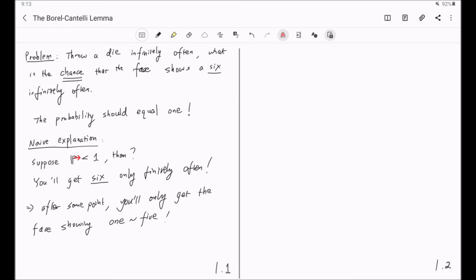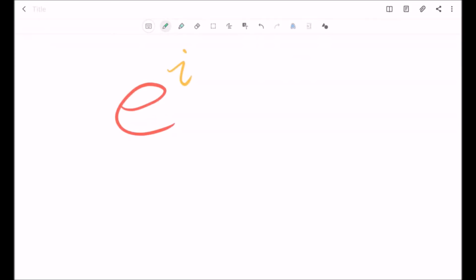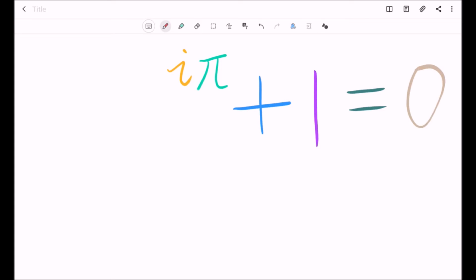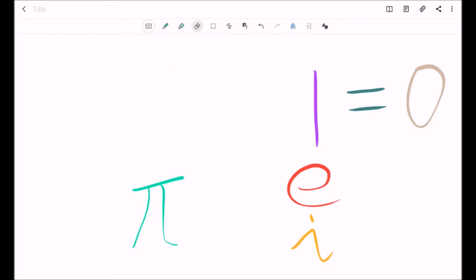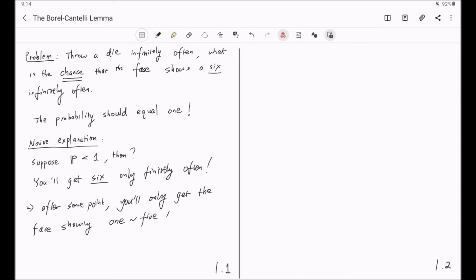But this explanation is not very rigorous. In order to make this problem rigorous, we need to introduce a very powerful theorem called the Borel Cantelli lemma. So let's get started. The Borel Cantelli lemma states the following.